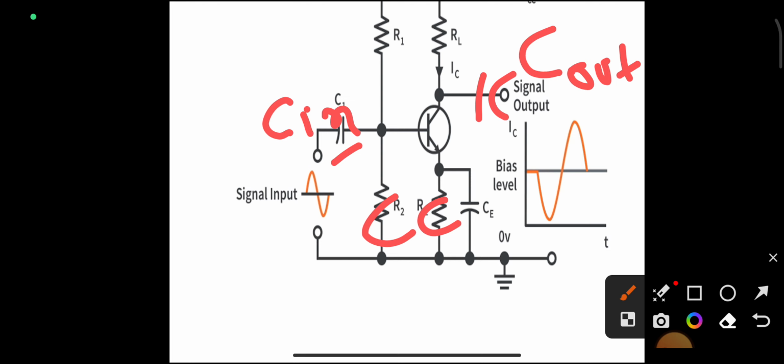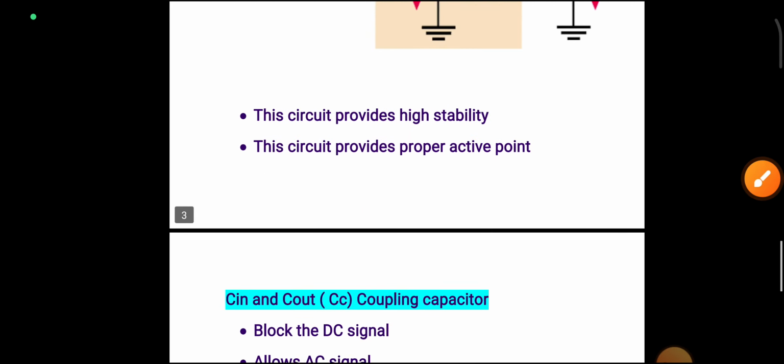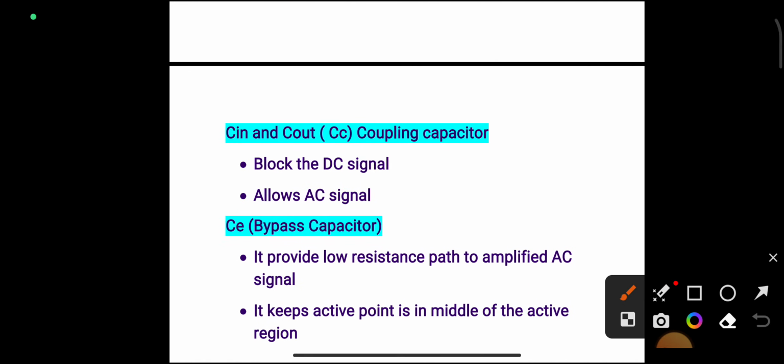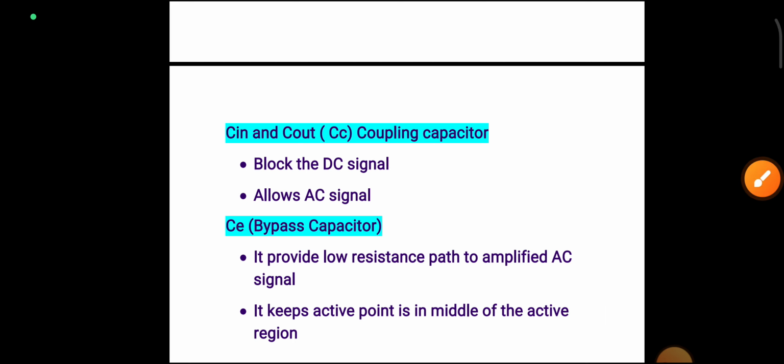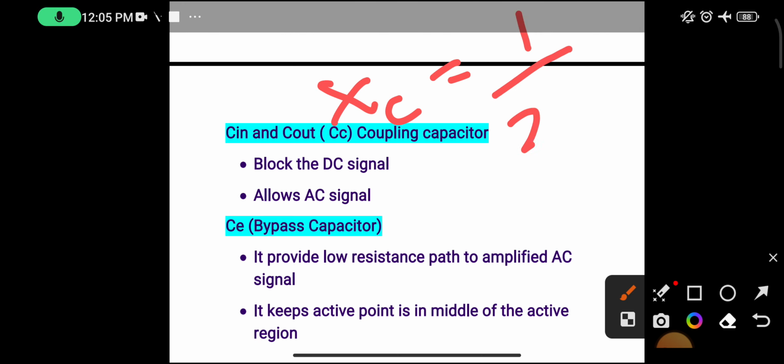So let us know about the coupling capacitors. These coupling capacitors have certain uses. They block the DC signal and allow the AC signal. So you know the capacitor reactance formula, XC is equal to 1 over 2 pi FC.